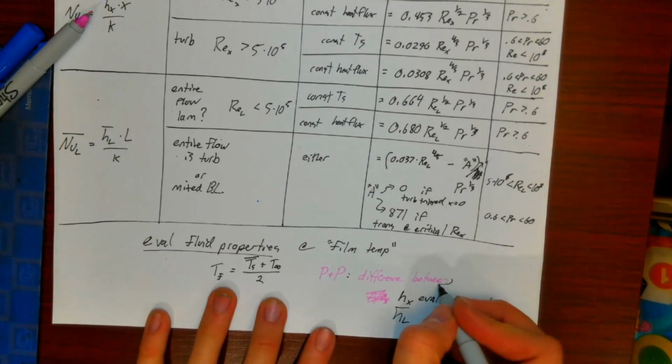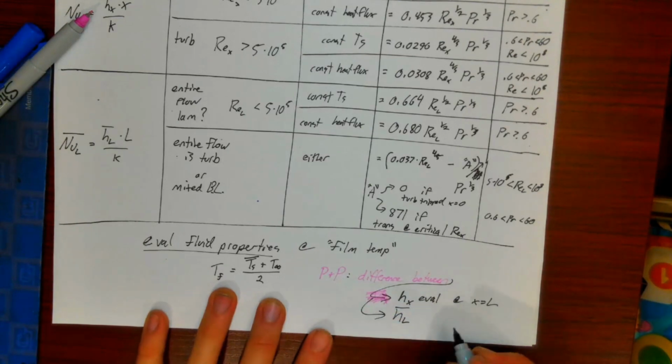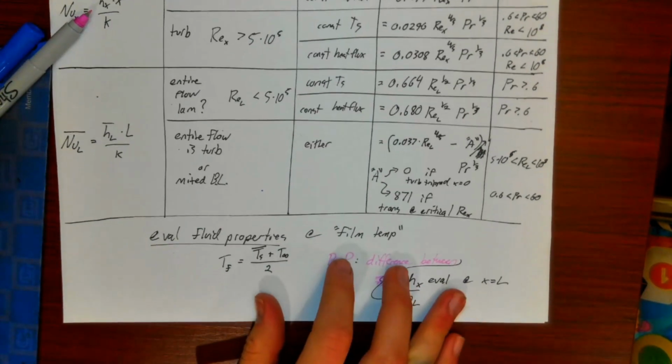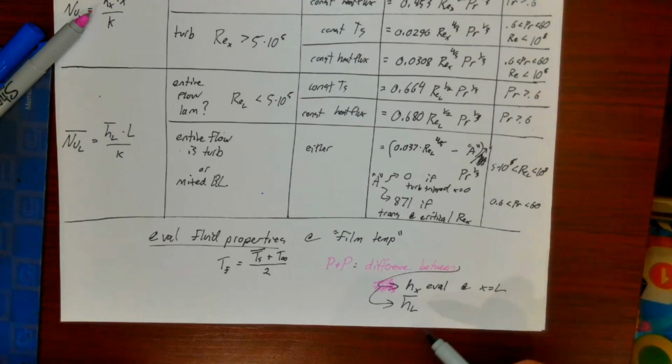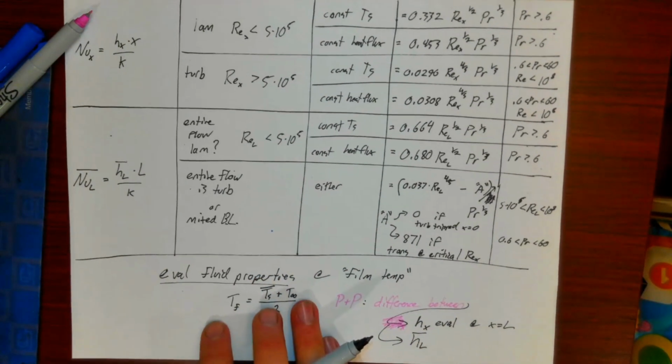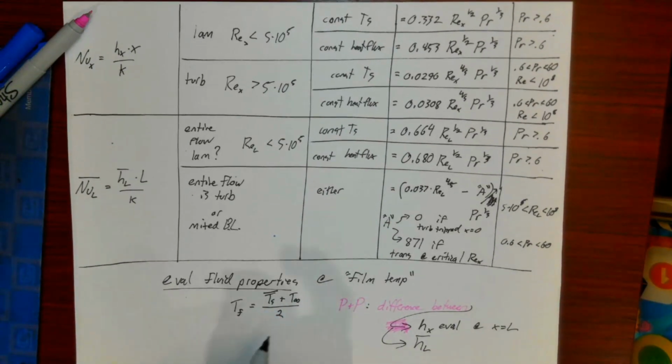So what is the difference between these two things? And think about what is the difference between them qualitatively, and what differences might they have in terms of evaluating these things in terms of the chart.